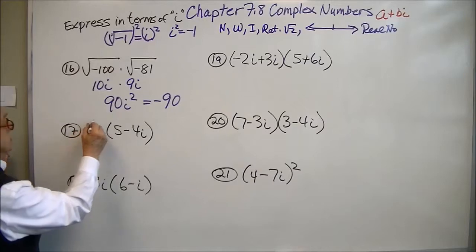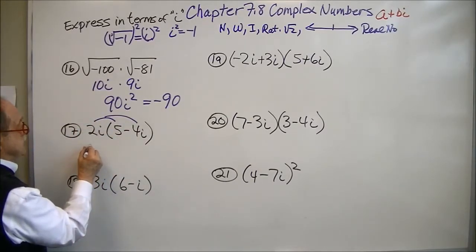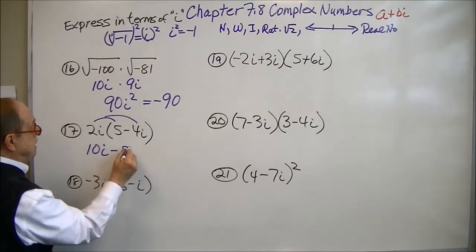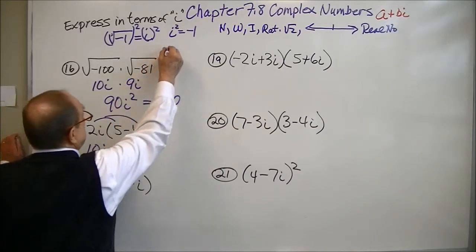So here we're just distributing. This is going to be a 10i minus 8i squared. Now if you left it like that, that would be wrong in two ways. First of all, it's not in standard form.